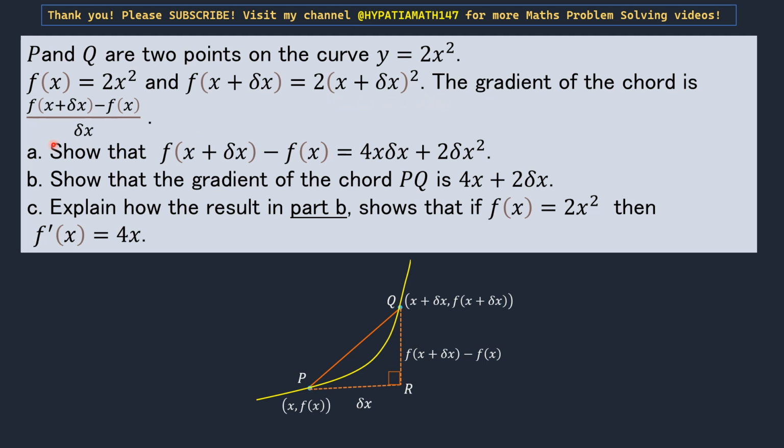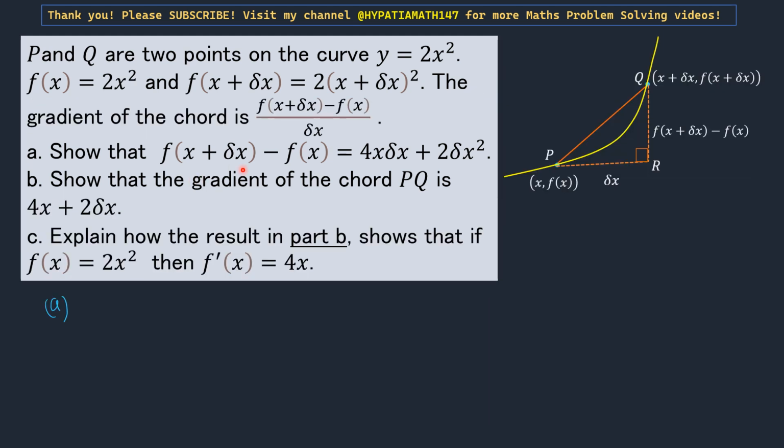The gradient of the chord is f(x plus delta x) minus f(x) divided by delta x. So they've given us the gradient and the equation of the curve, and now we have to show for part A that f(x plus delta x) minus f(x) is 4x delta x plus 2 delta x squared. So we try and work out part A first before moving on to the next two parts.